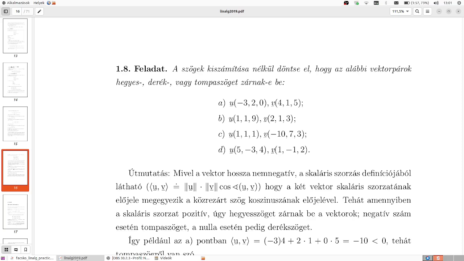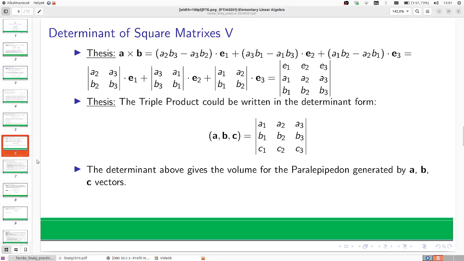It means, here, I just write AB vector times AC vector.